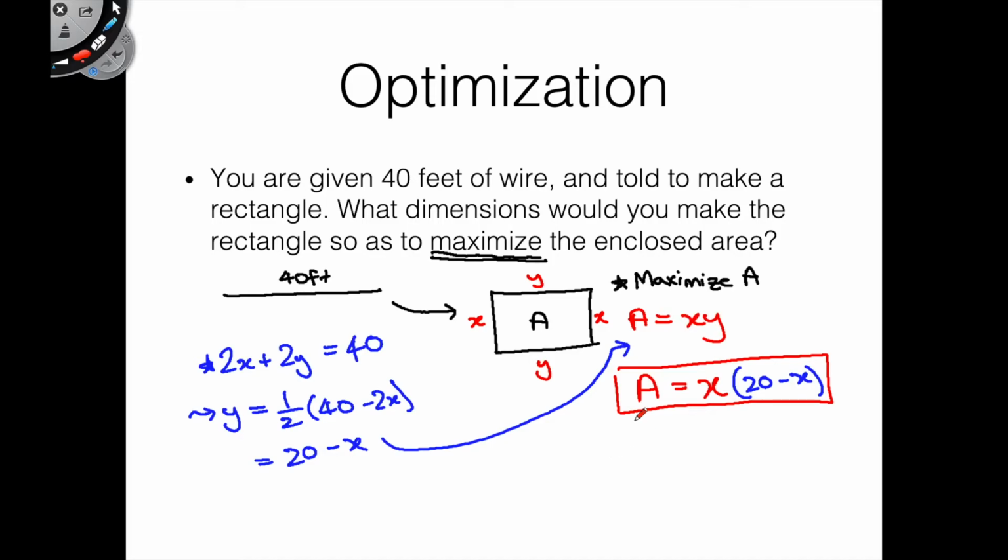I'll let you do that by yourself, but essentially what you'd get is x equals y equals 10. 10 feet would be your final answer there. So your maximum area would be a 10 by 10 rectangle, or a square, if you actually went through that.